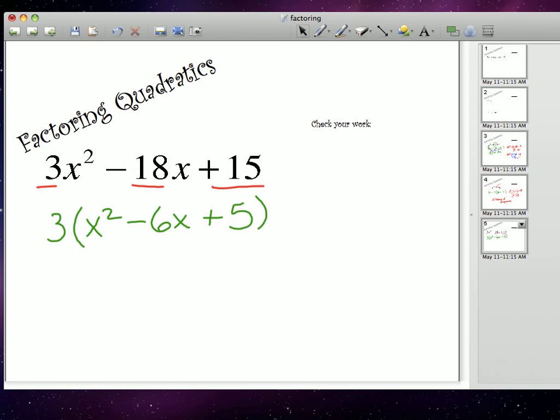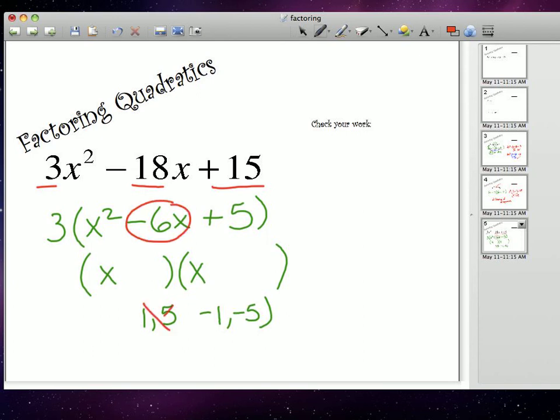Now that the 3 is out of the picture, you can factor it just like we did the earlier problems. There's really only one way, well, 2 ways to get 5. And your middle number is a clue telling you you want your negative option, so let's get rid of these and write in -1, -5.